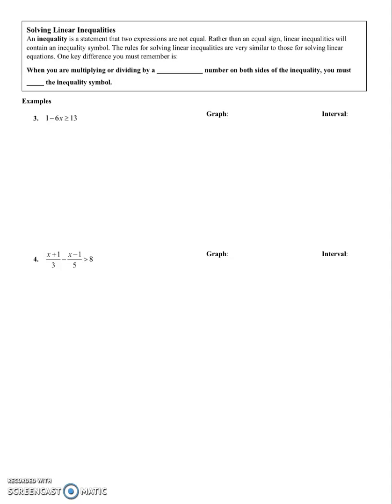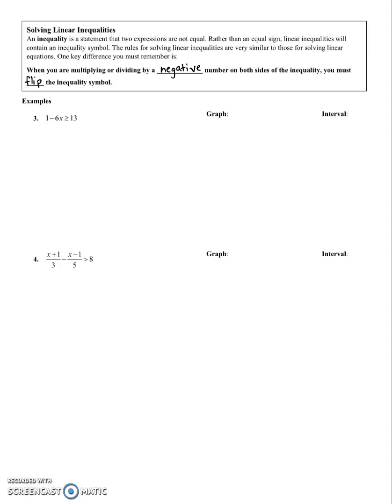The only big difference is if you multiply or divide by a negative number on both sides of the inequality, you must flip the inequality symbol. We'll talk about those when we get to some of the examples.